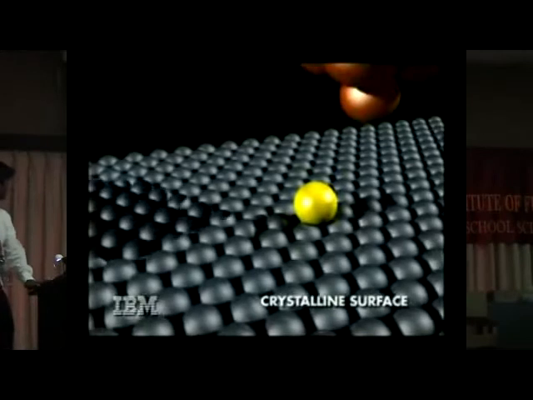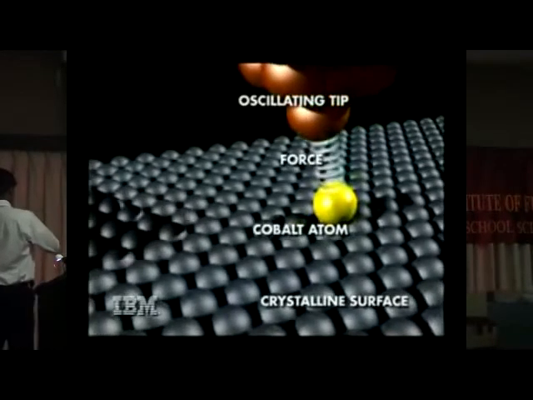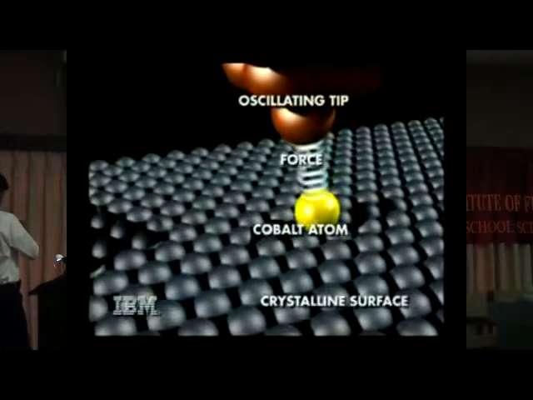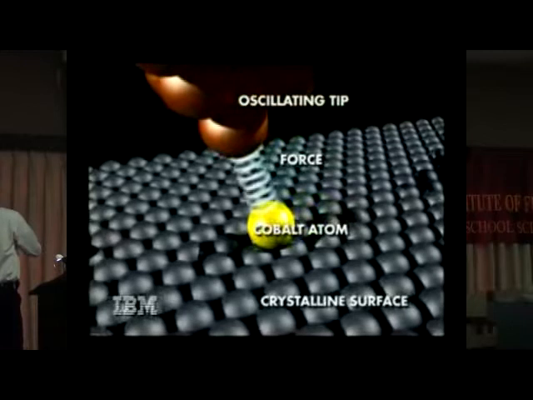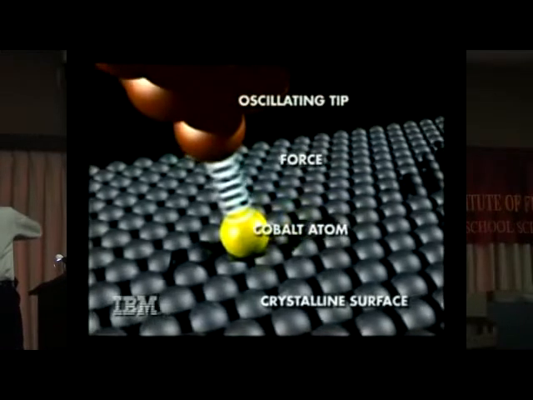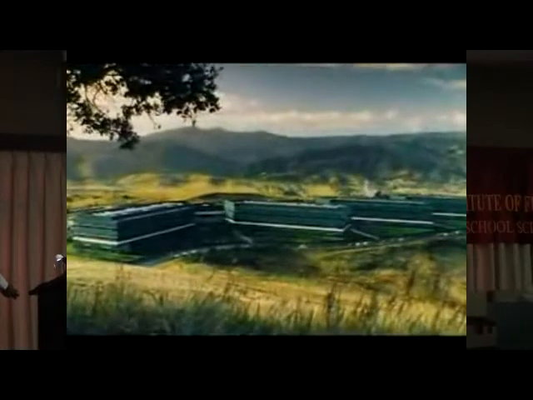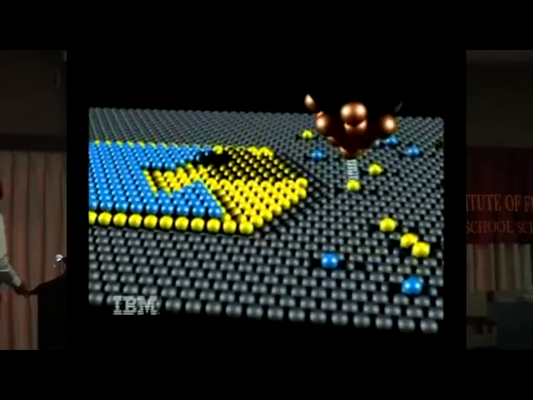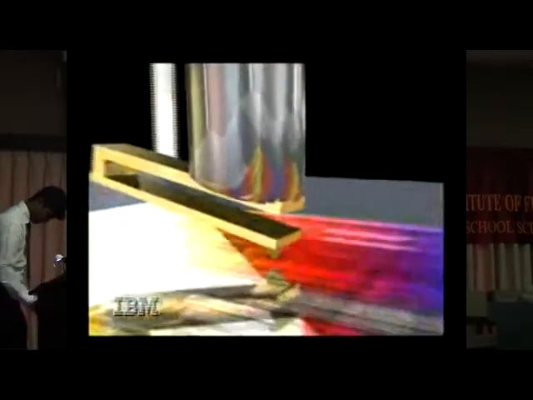In a significant move forward in the march toward creating electronic circuits that are thousands of times smaller than today's most advanced technology, IBM is announcing a milestone in the ability to manipulate and understand matter at the atomic level. Scientists at IBM's Almaden Research Center in San Jose, California, have for the first time demonstrated the ability to measure exactly how much force is needed to move individual atoms.